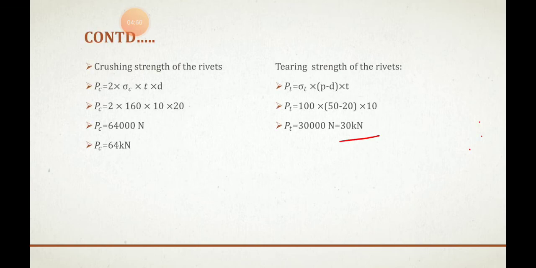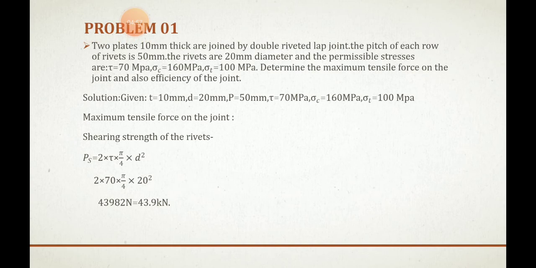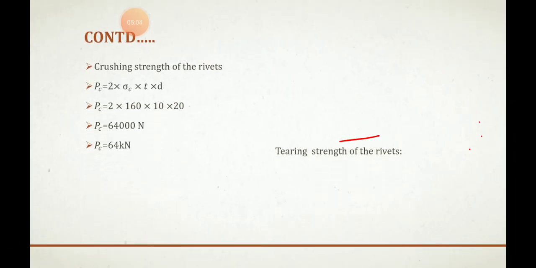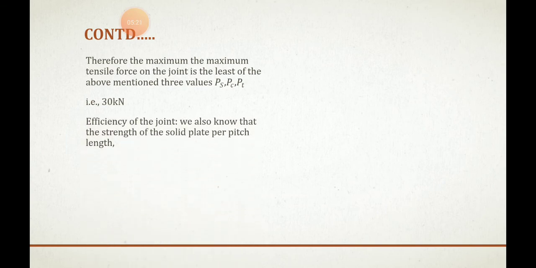One is 30, one is 64 and another is 43. So 30 is the minimum, so 30 kilonewton.